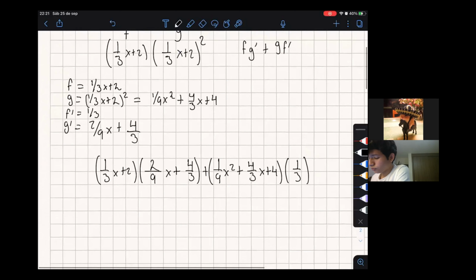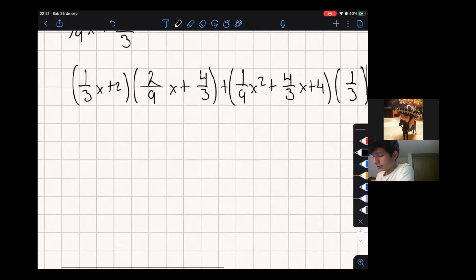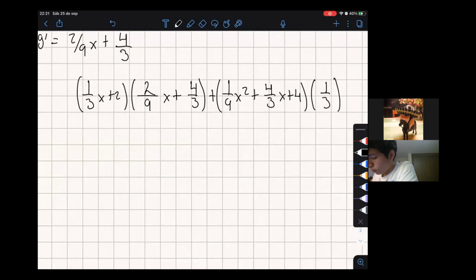To start with this, we multiply 1 over 3x times 2 over 9x, that is equal to 2 over 27x squared, and we continue with every value. The second one is 4 over 9x, the next is 4 over 9x, and the next is x over 3.